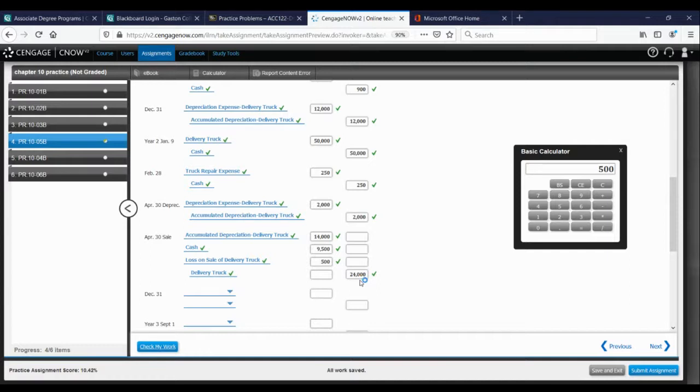We no longer have the used delivery truck. We took the accumulated depreciation off of our books because we no longer have a used delivery truck. We sold it. Then we debited our cash for the selling price, and then we had to determine the loss on the sale of the asset.